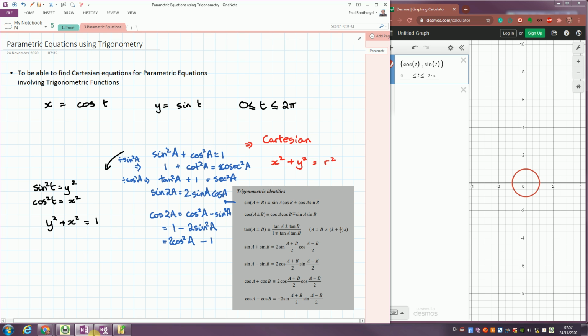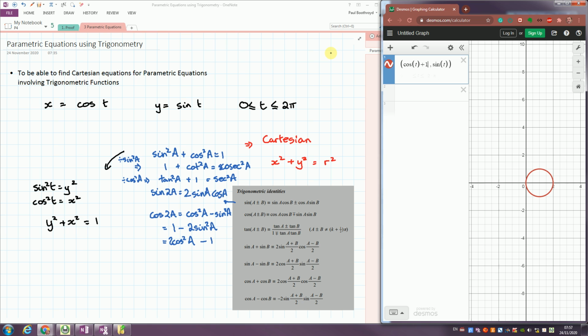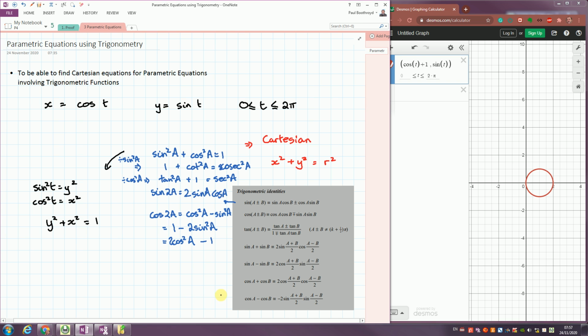Now, there's a weirdness that happens with these as well, that I did ask you to have a look at: what happens if we start moving things around, and you'll notice there's something odd with what happens when I add in the x direction. Normally when we add in the x direction, the graph moves backwards.